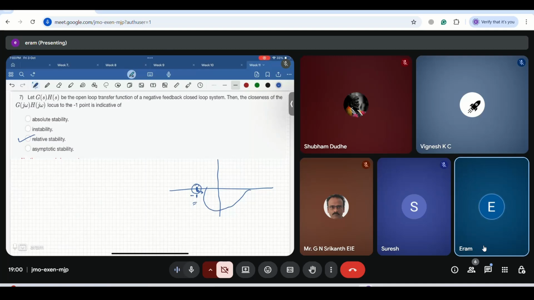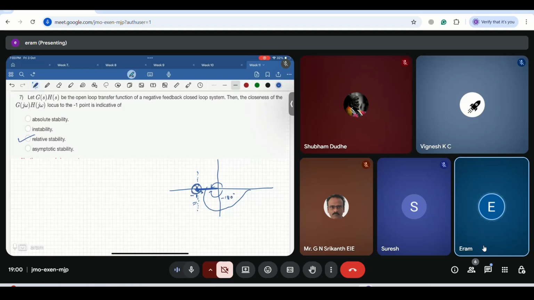Okay, so we don't want our plot or our poles to fall at this point. So this is the critical point, and therefore we have characterized the frequencies based on this critical point, because this point represents a magnitude of 1, and phase, you can see here, is minus 180 degrees.